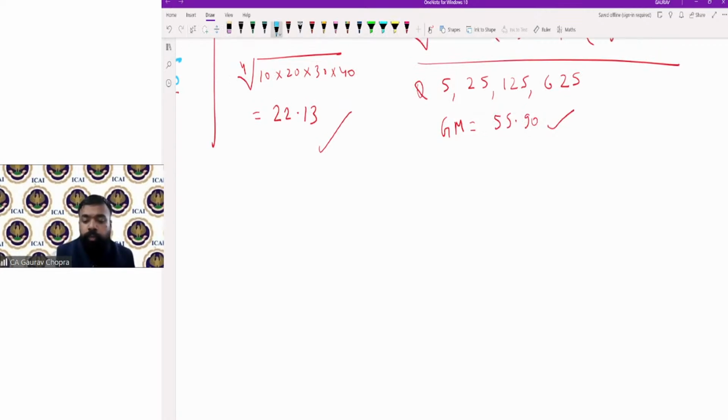Now let's take one more question. This time the values are -50 and -100. So what will be the geometric mean? -50 and -100. So what will be the geometric mean?